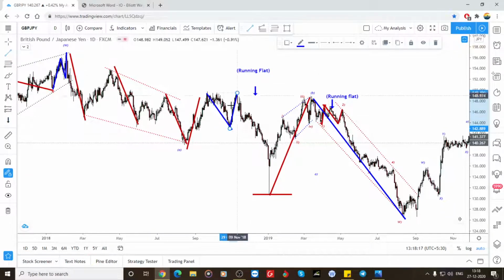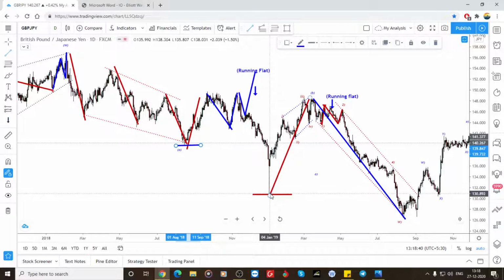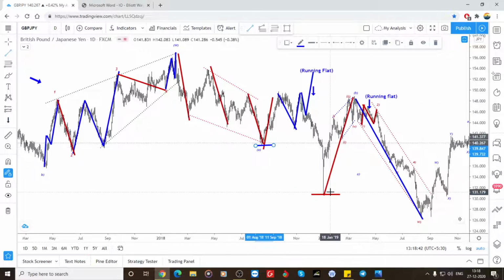This is the wave 1, or it could be a wave B it can give, and one more C is ahead. What will happen? According to this it is a regular flat correction, but it can do the irregular flat also in the B wave. So that is why it went below the A wave, and it has already dropped a lot.